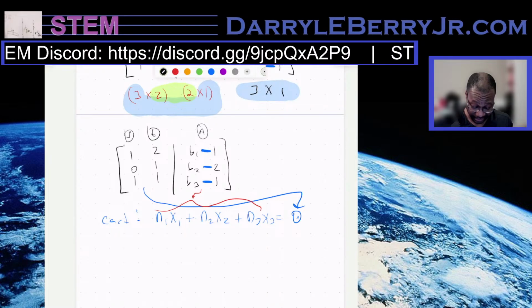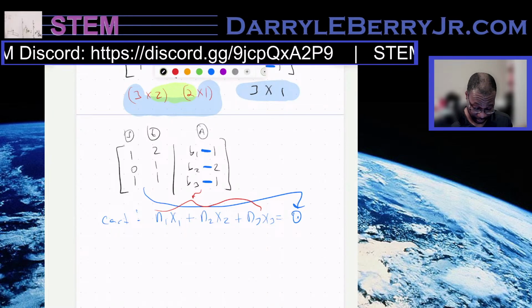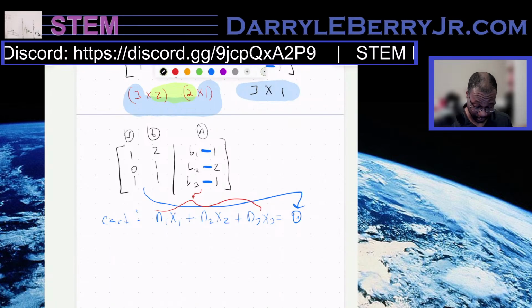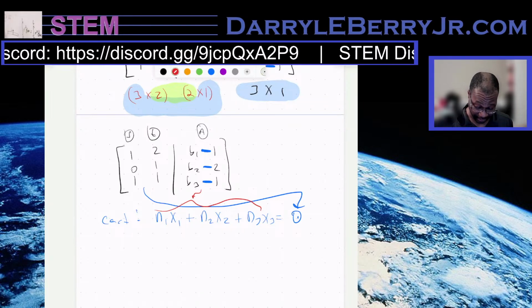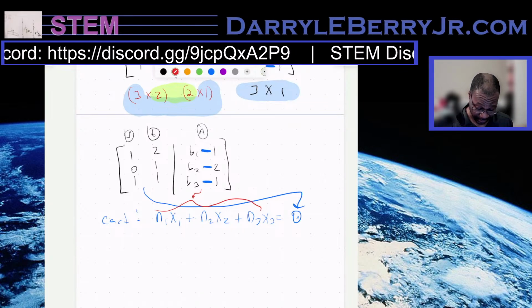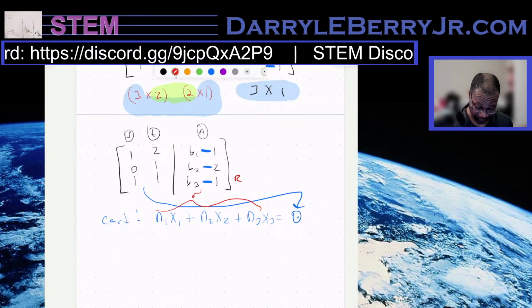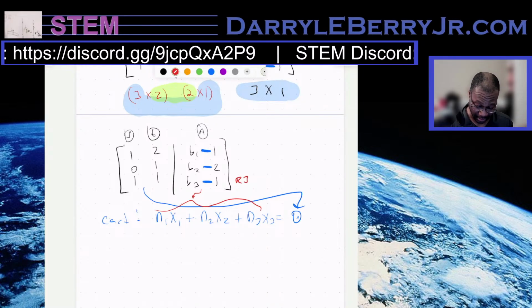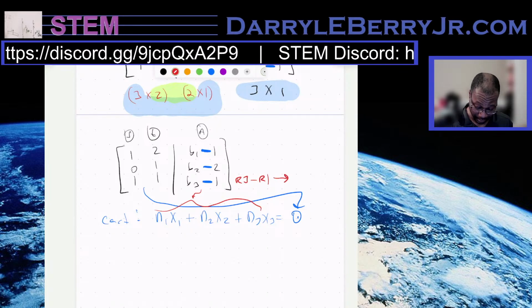So the easiest thing I can say is, let's get zeros at the bottom. That's the first thing I could think of. So what I'm going to do is say row 3 minus row 1, and I'm going to put that in row 3.